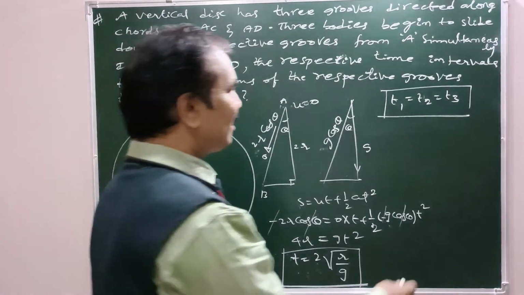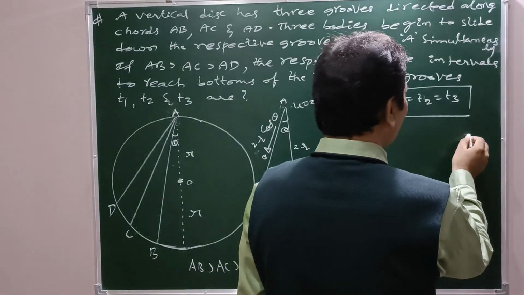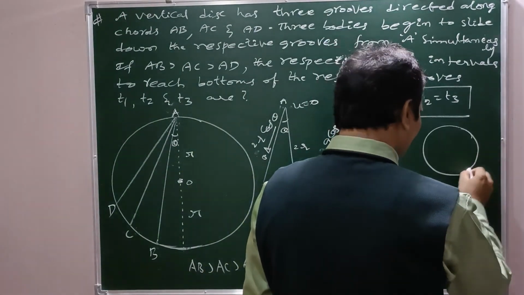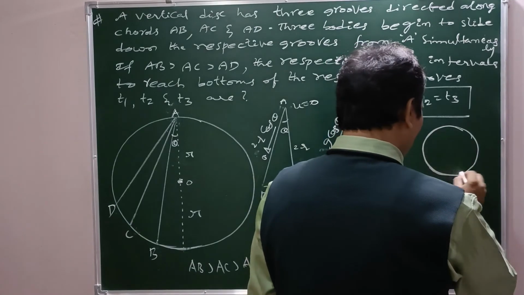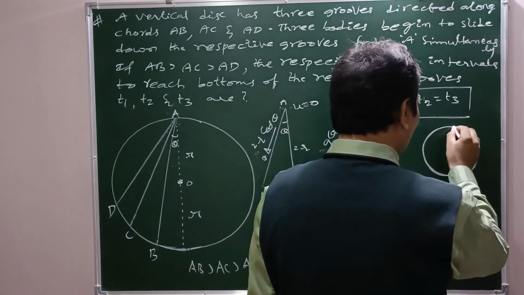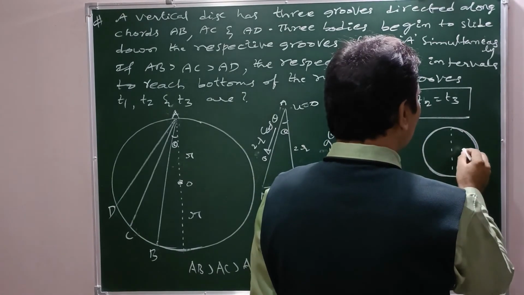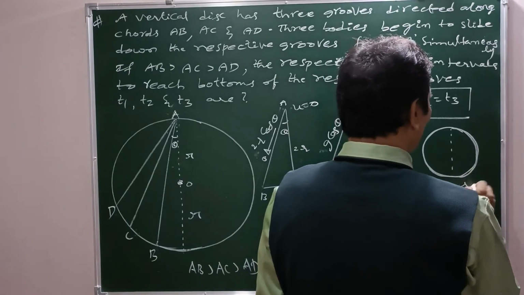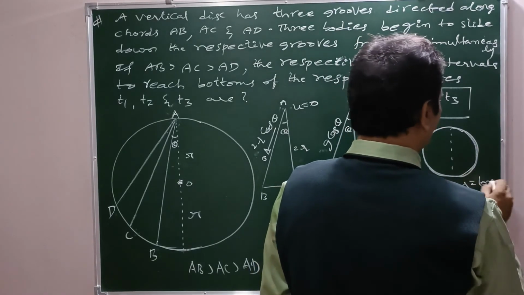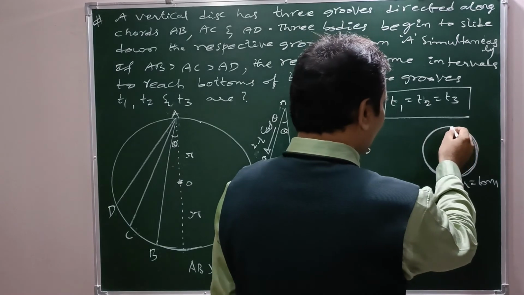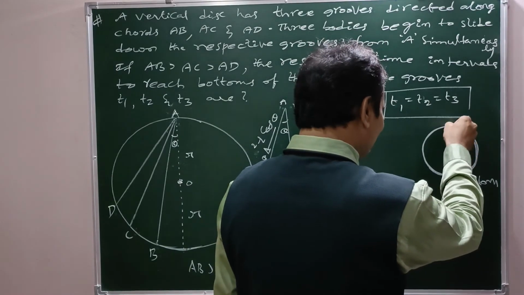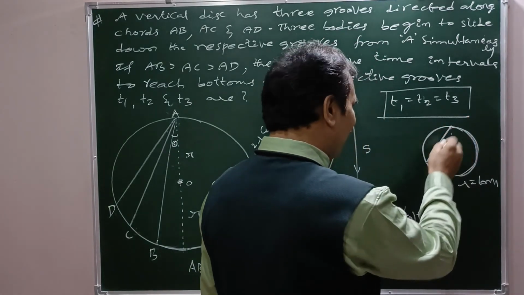Suppose you are given, see, this is one disc of radius r equal to 10 meter, right? Here one string is stretched between A and B like that.